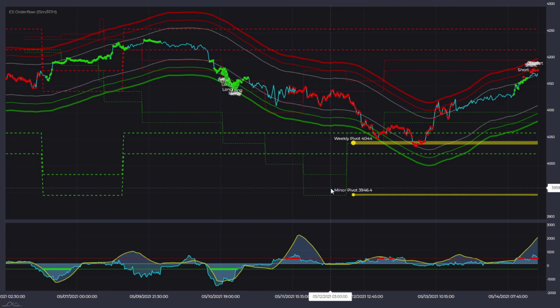Now, the other thing that I wanted to mention are these levels, which are the thick lined and marked, like weekly pivot, minor pivot, major support, and stuff like this. These are really important larger time frame structural levels that are important for the price.